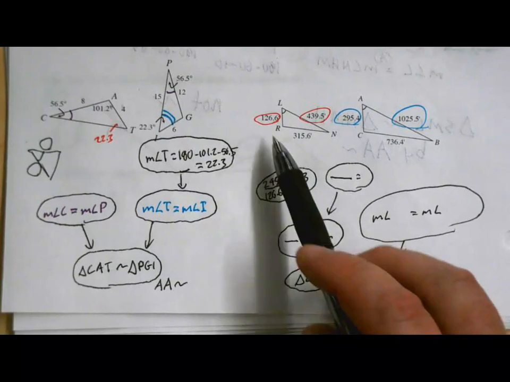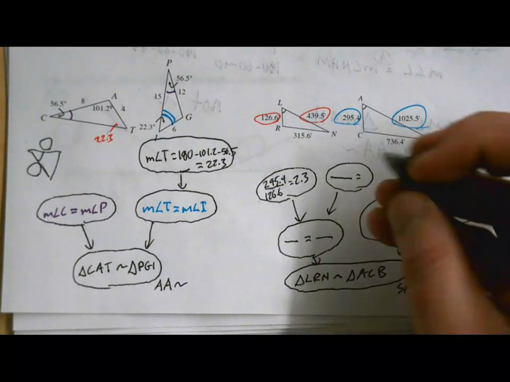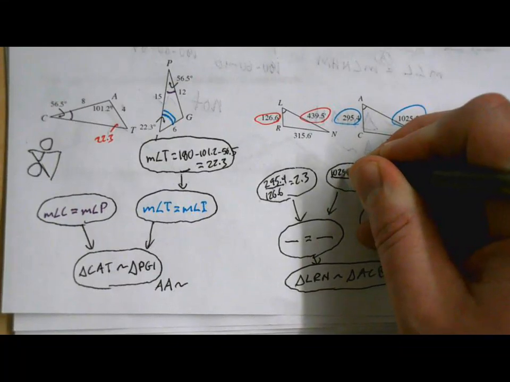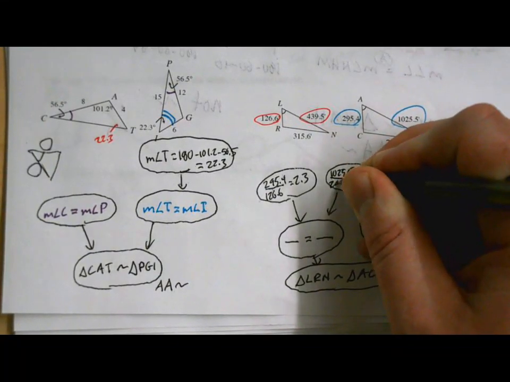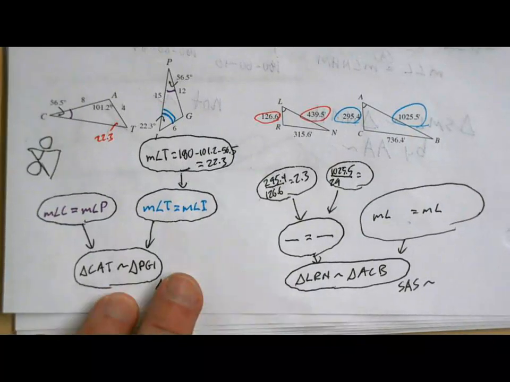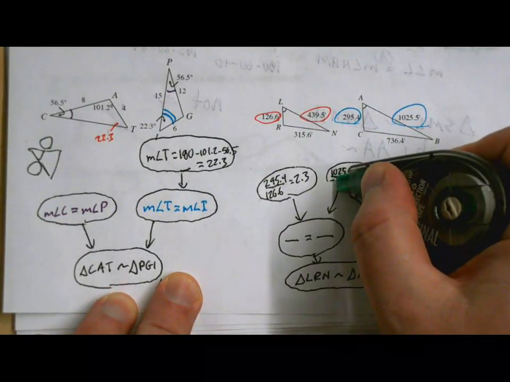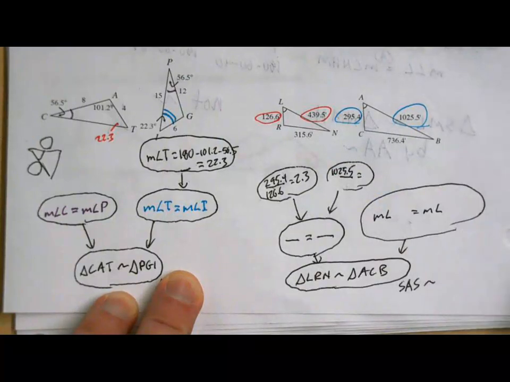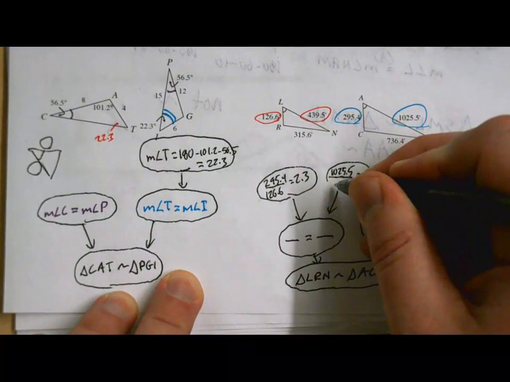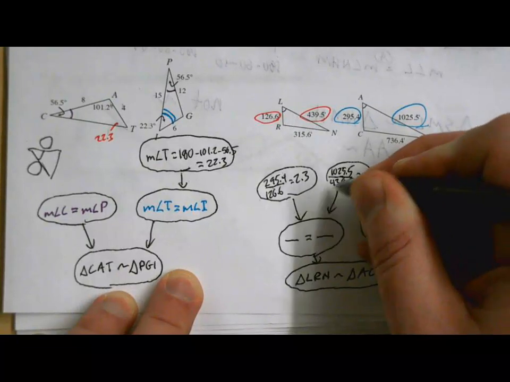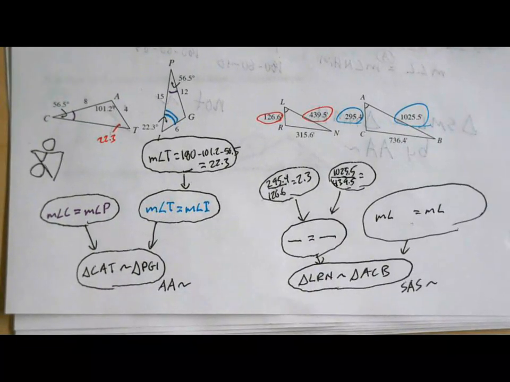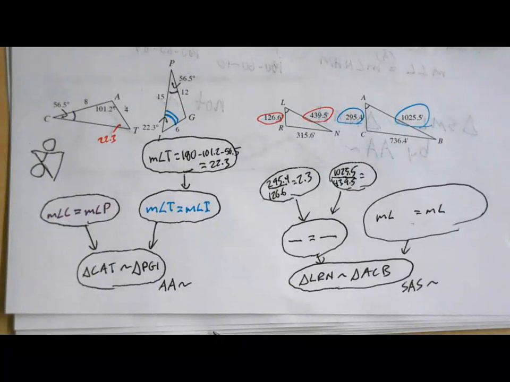And then what were my other two? 1025.5 and 290. Oops, that's not right. 1025 matches up with 439. Now, if you flip those fractions around and you had, instead of 2.3, 0.42, that's fine.